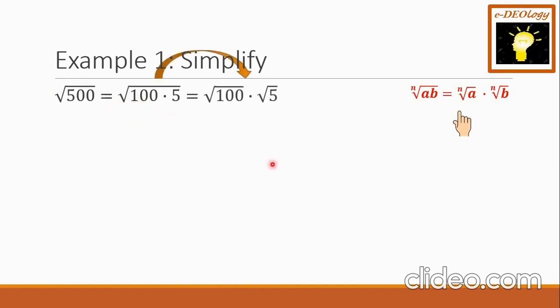So we're going to apply now our simplification rule. We're going to split the radical into each of the factors. As we see here, we have the square root of 100 times the square root of 5. Then we show that this 100 is equal to 10 squared. The next step, we cancel the radical and the power 2.